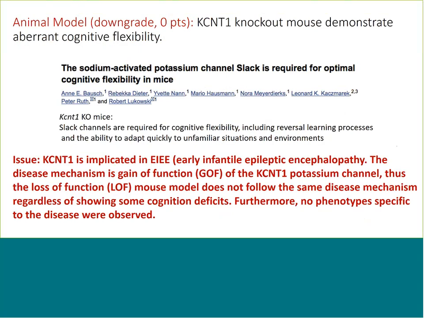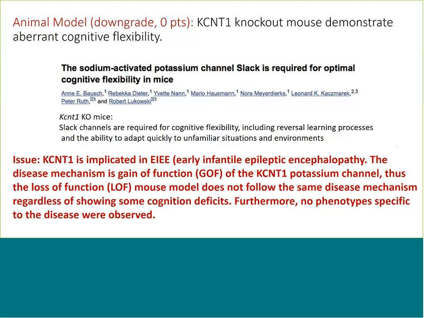Yes. So this might get at what Marina was asking a little bit. We were looking into EIEE, and this is another gene, KCNT1, which is a potassium channel. What was interesting about this is that the only mice at this time that were developed for this gene are knockout mice.